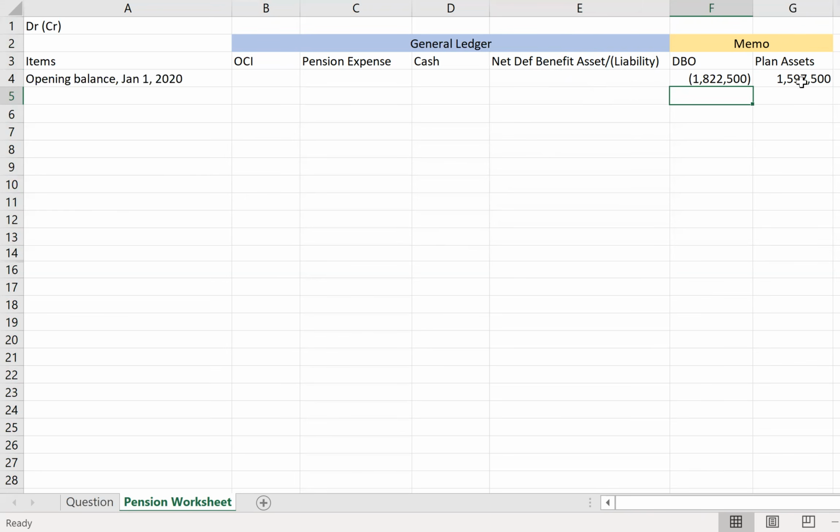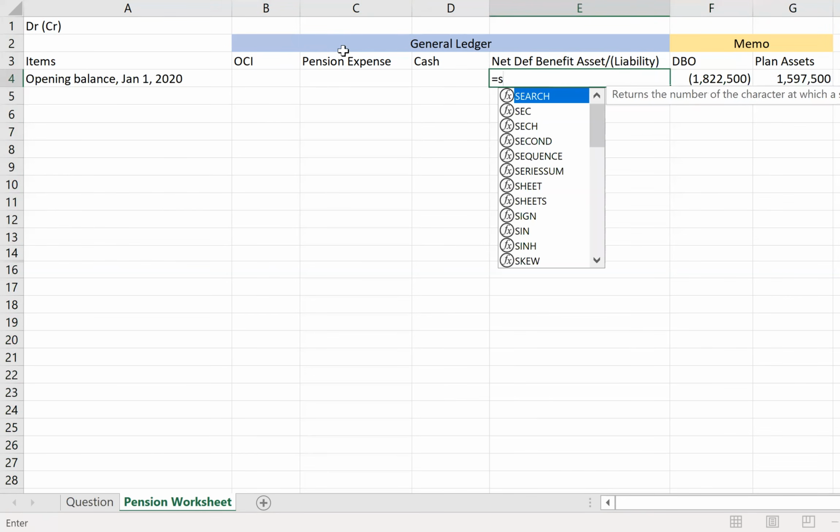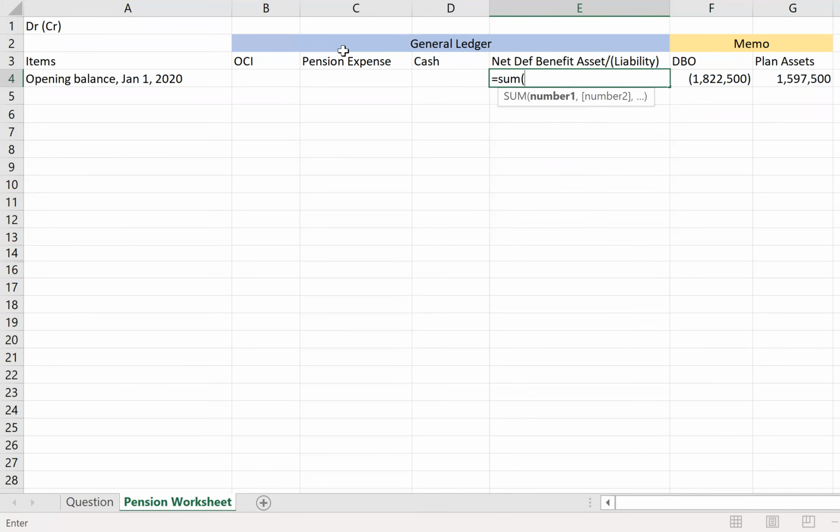So there's clearly a shortage in the plan, and that's what's going to be recorded as a liability of the corporation. So it's simply the difference between these two accounts here. So the corporation would have a liability on its statement of financial position of 225,000 as at January 1st, 2020. So that gives us all of our opening balances.